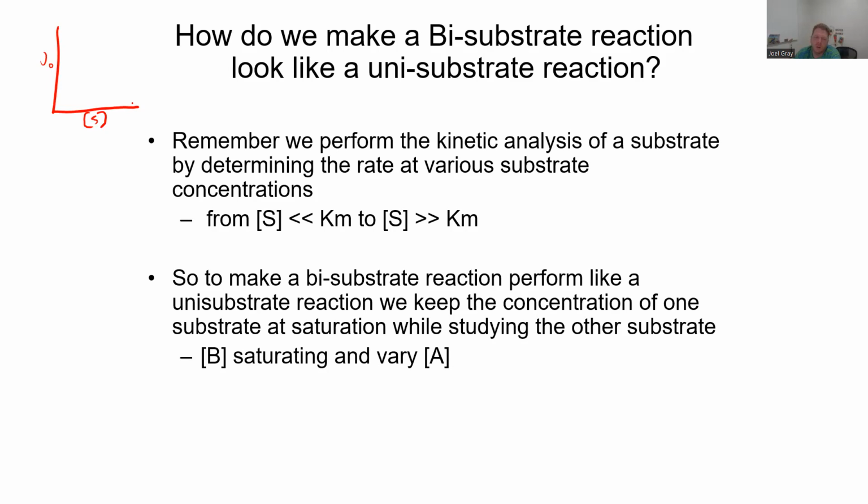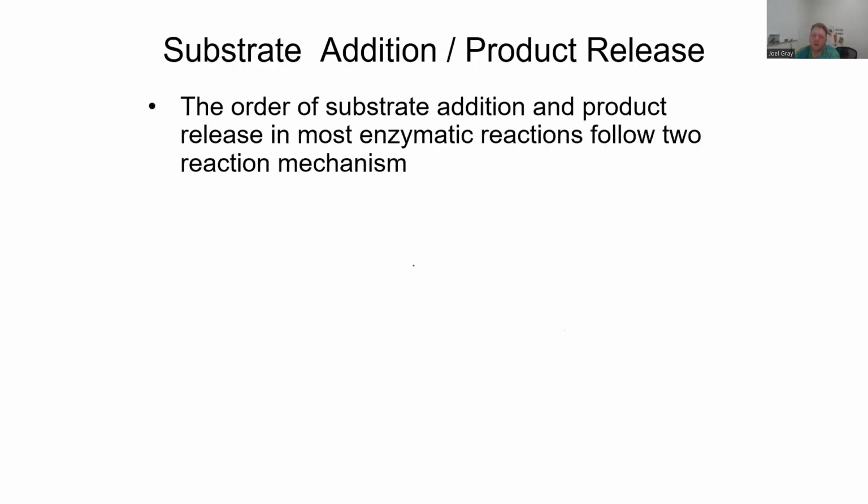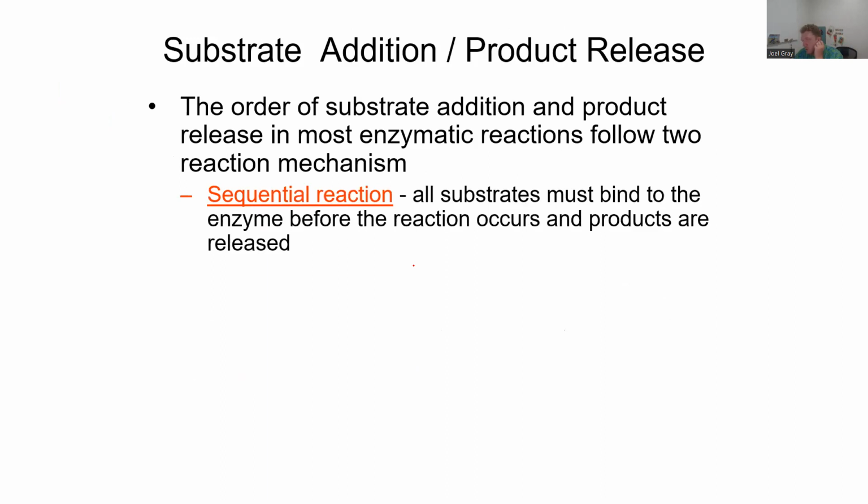So we'll provide an excess, or saturating amount, of substrate B, and then we'll vary substrate A. And then we do the opposite: saturate with A and then vary B. We can use this to learn about the order of substrate addition and product release in most enzyme reactions, and they're going to follow two models.